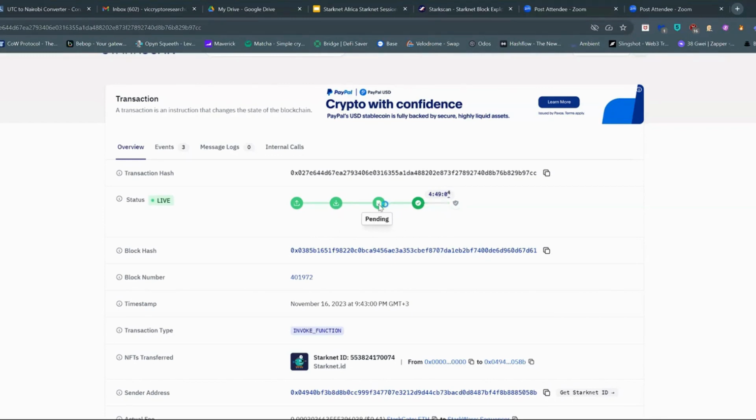So the next status we have is pending. And pending just means that the transaction has been submitted to the sequencer and is in the process of being validated. Validated in the context of Starknet means that the sequencer is able to confirm the nonce and other qualities of the transaction.